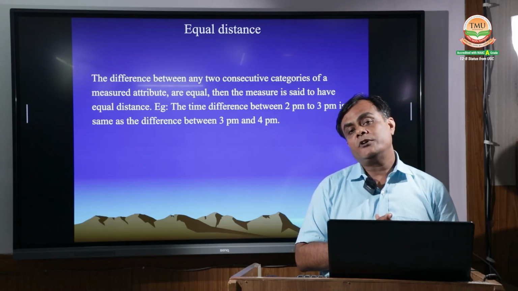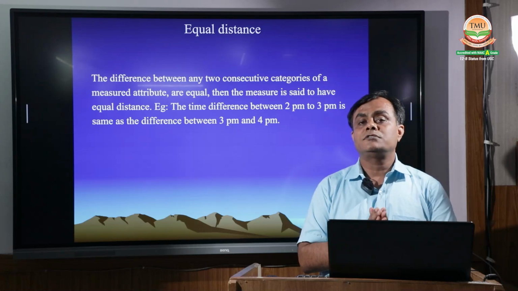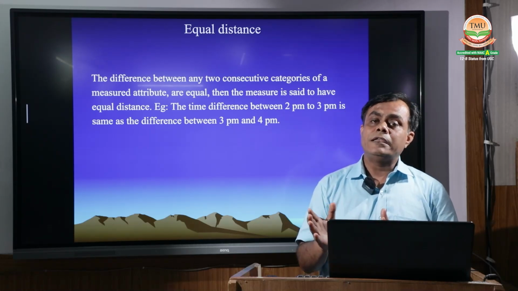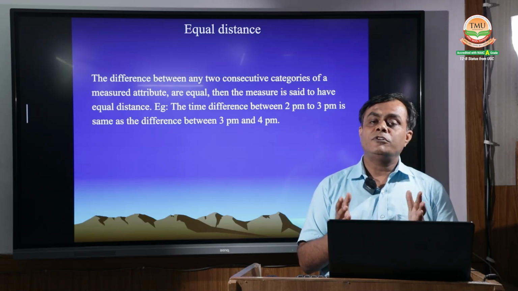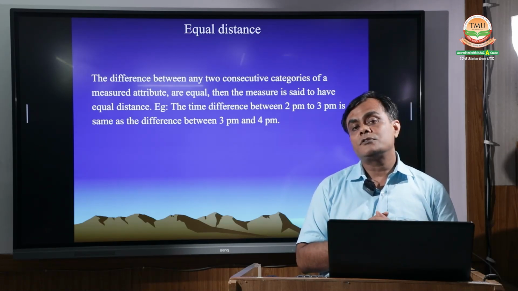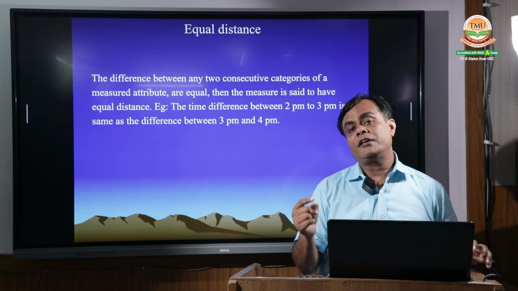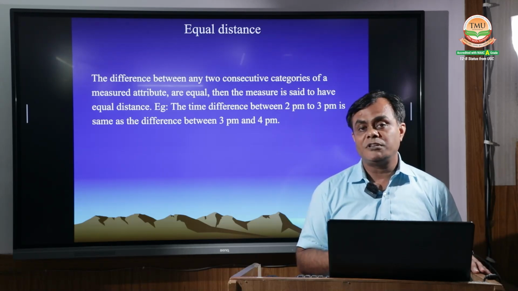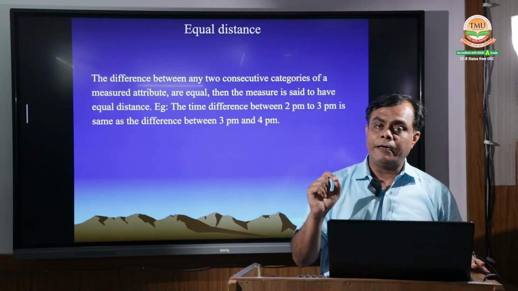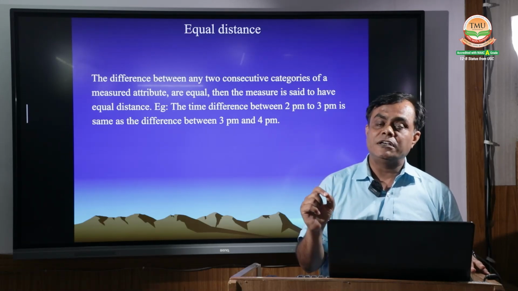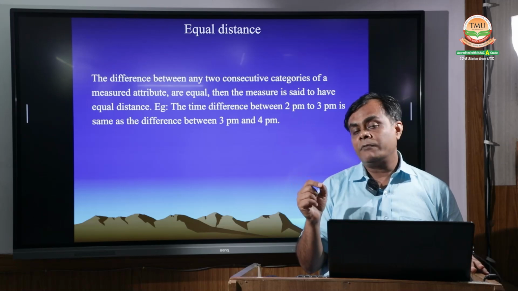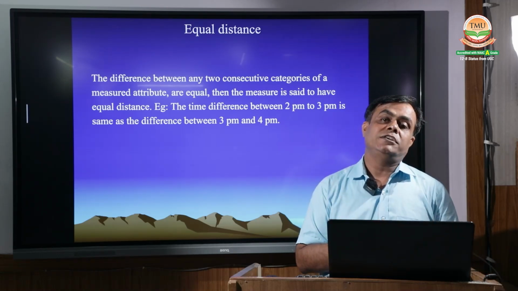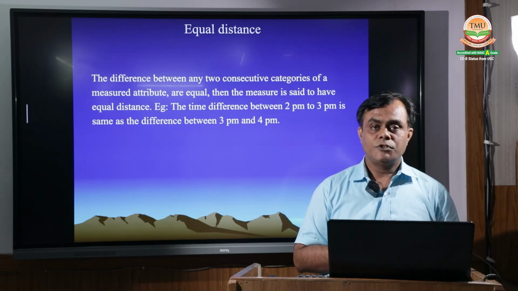By this example you can understand that the unit of the measuring scale is always the same in any situation. Every kilometer has a gap of 1000 meters, and that should not be more or less than 1000 meters. That is the concept of equal distance.